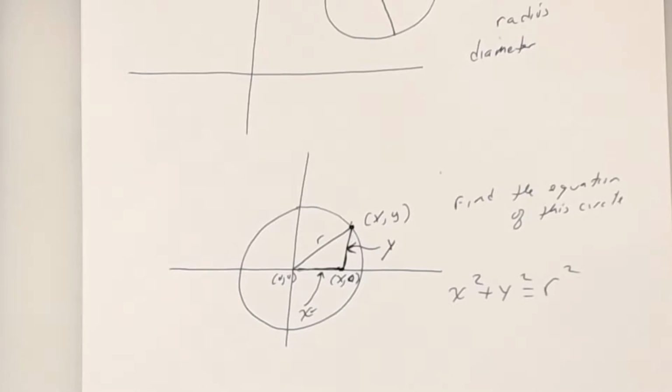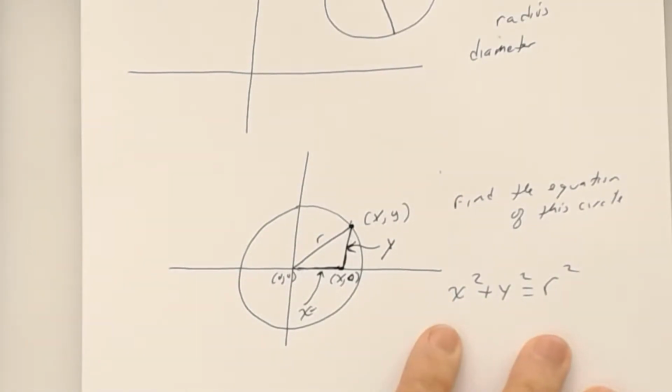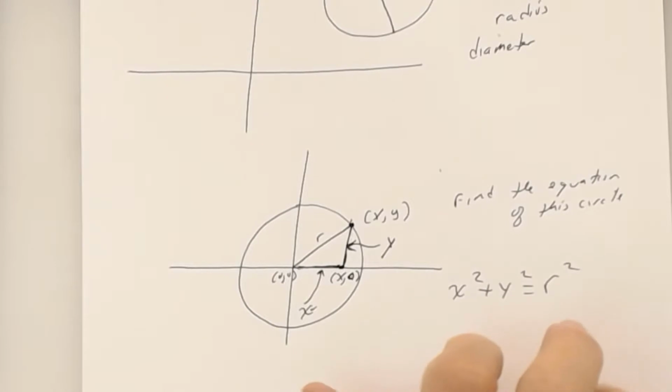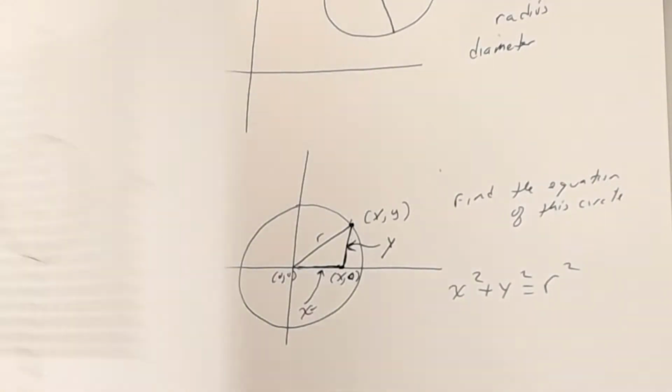At the origin. So whenever the center is at the origin, the equation of a circle looks just like this, except you have to determine what the radius is. It's very simple, as you'll see in a little while. That's the equation of a circle when the center is located at the origin.